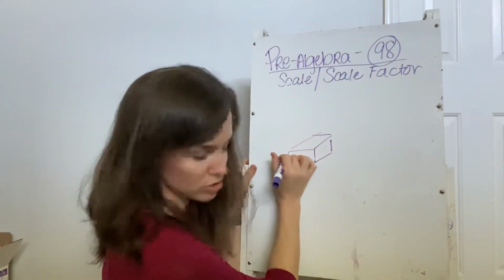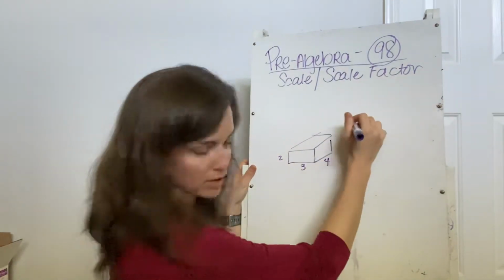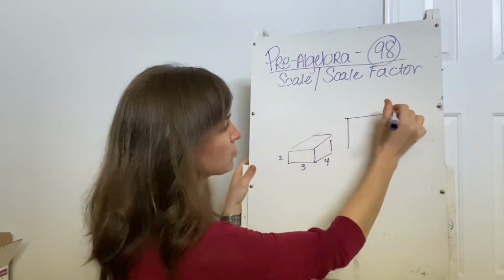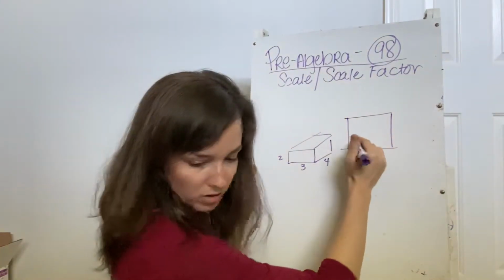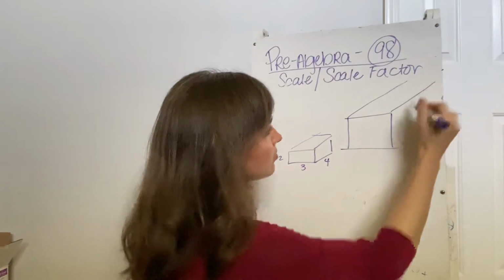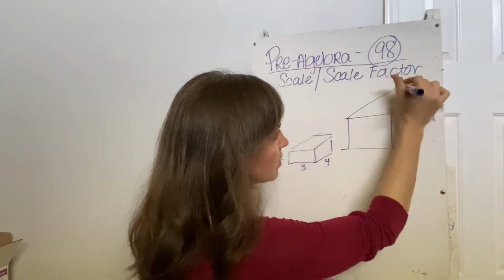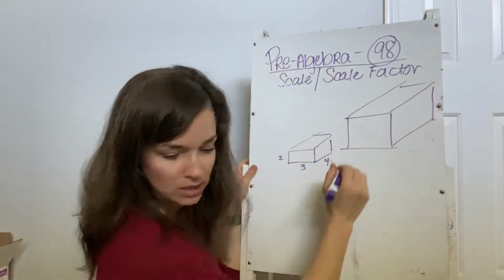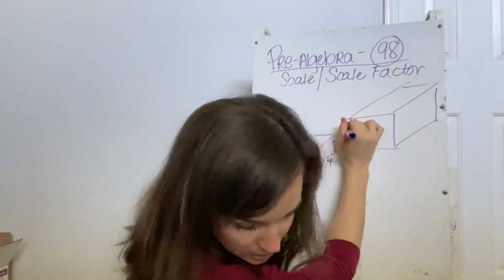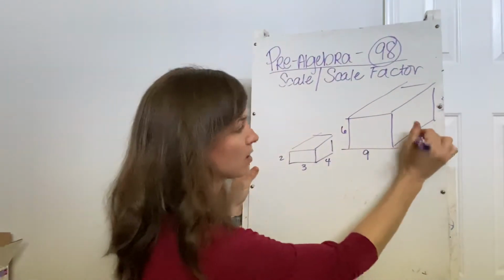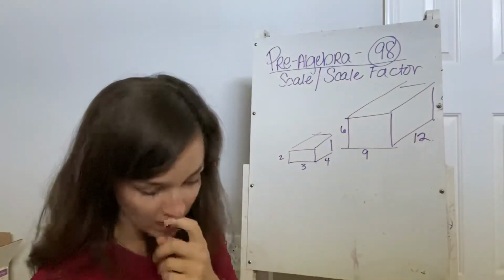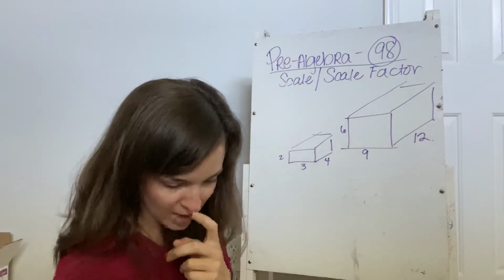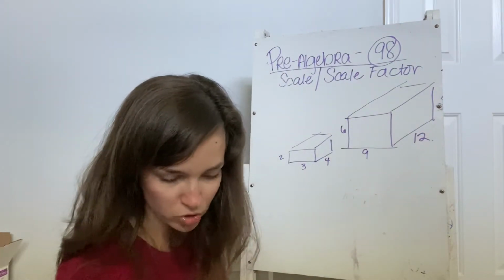So we've got 2, 3, 4, and then, don't judge my drawings, I know they're not the best thing ever. I'm doing my best with what I got here. You guys get the idea. 6, 9, and 12.